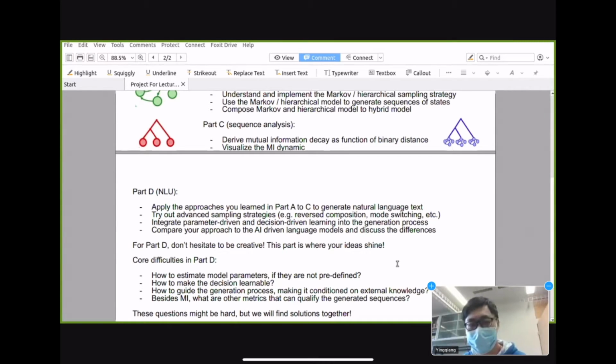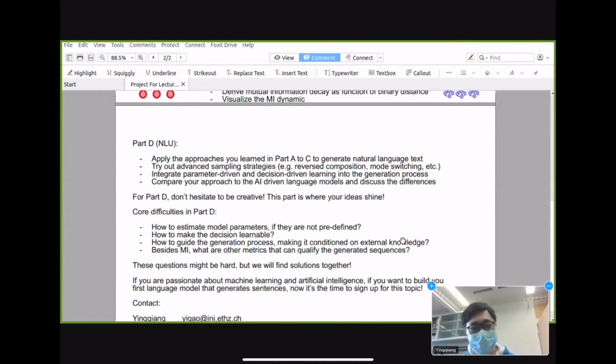Finally, you can compare your approach to the AI-driven language models and then discuss the difference. So for this part, don't hesitate to be creative, because this is where you bring your own ideas to the project, and we will find a solution to the questions you're going to have together, right?